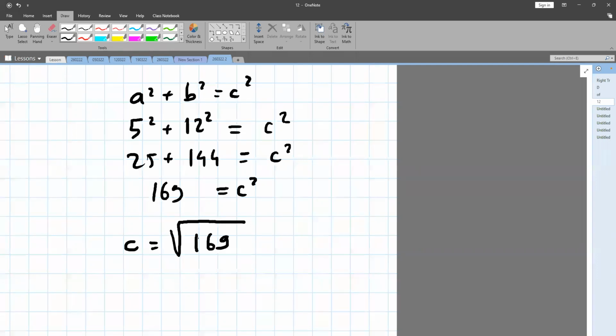It's 169. So the square root of 169 is 13, very good.